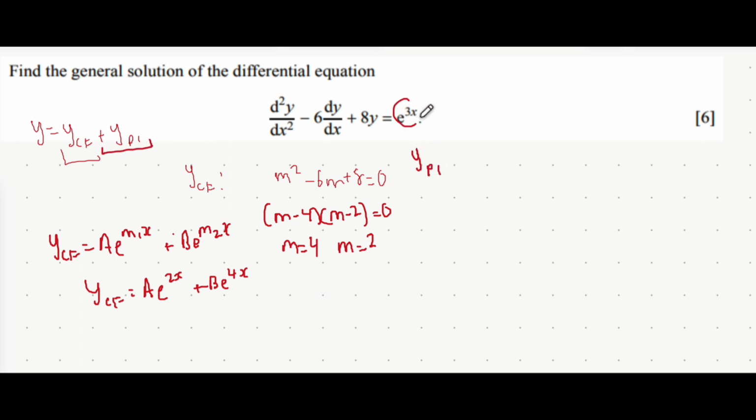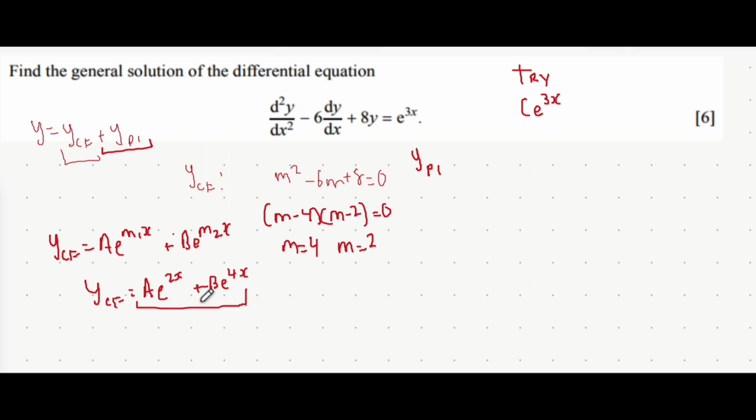Whenever the right-hand side is a power of the exponential, what we want to try for the particular integral is any constant c, times e, and then we want to make the power match the power on the right-hand side. The reason is that we're saying when you differentiate y twice, and then add 8 lots of y, that's going to equal e to the power of 3x.